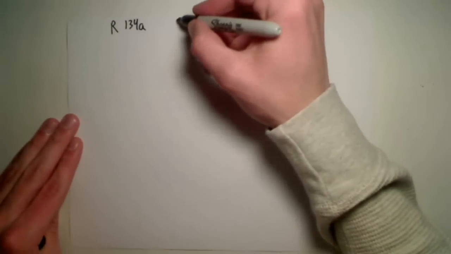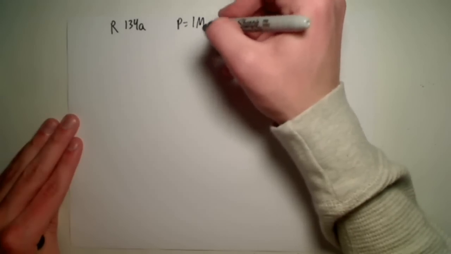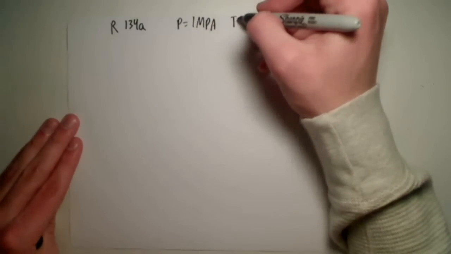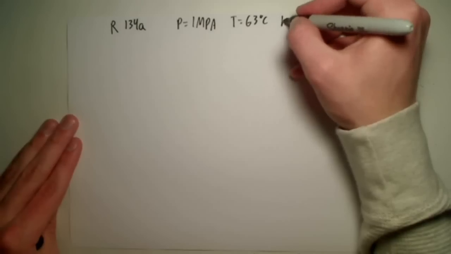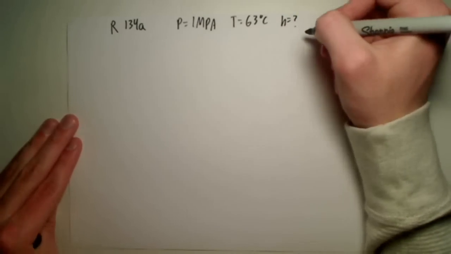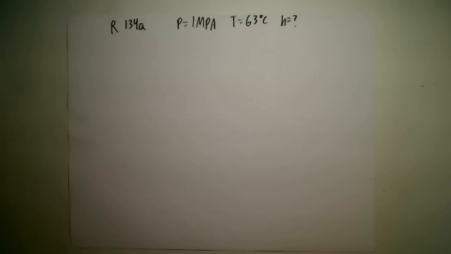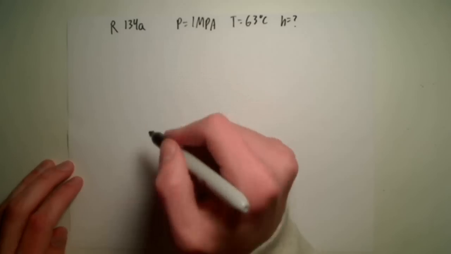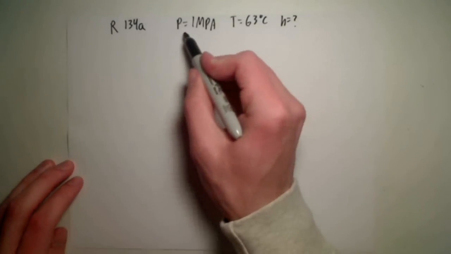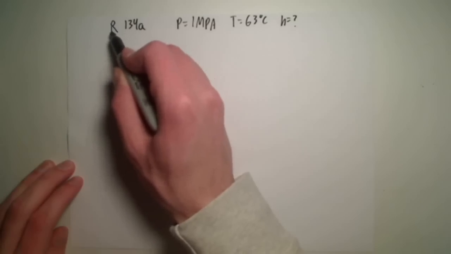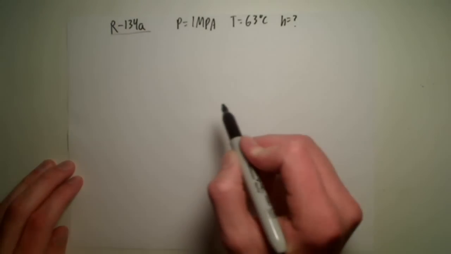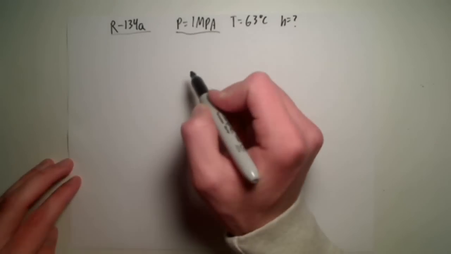In the example I gave you, the pressure equaled 1 megapascal, the temperature equaled 63 degrees Celsius, and I asked you to look for its enthalpy. So we're going to look at the thermodynamic table for R134A, and we're going to look at its 1 megapascal table.